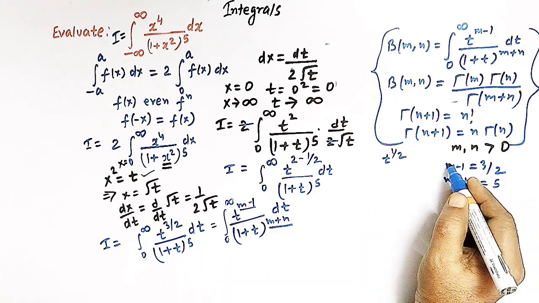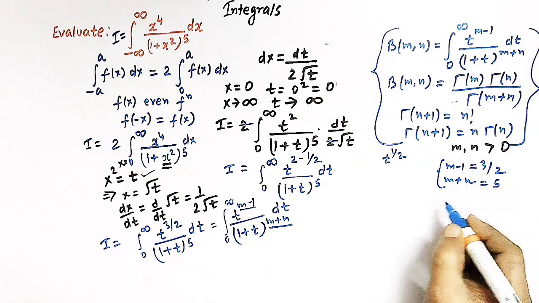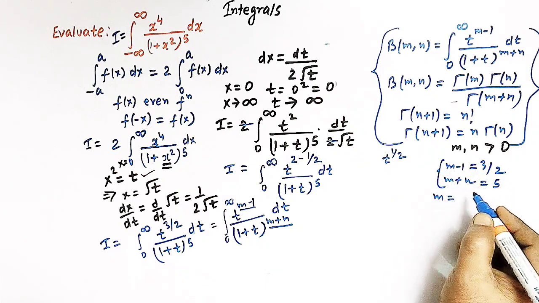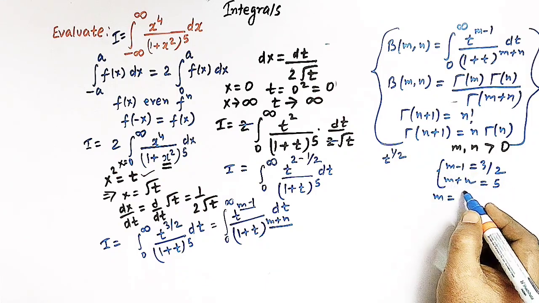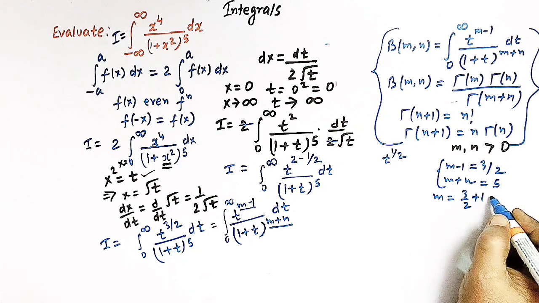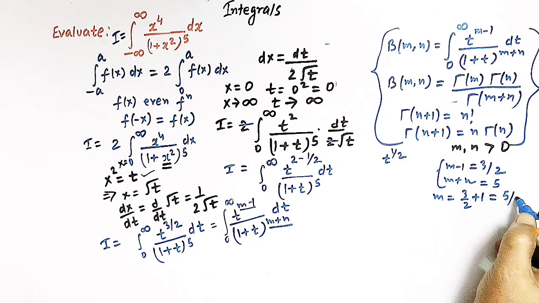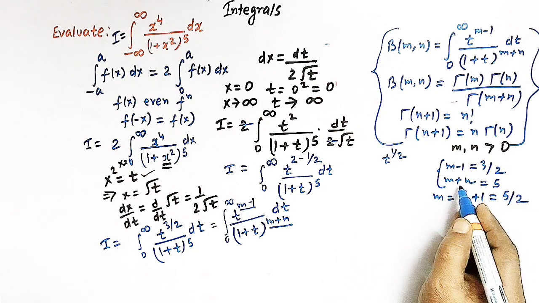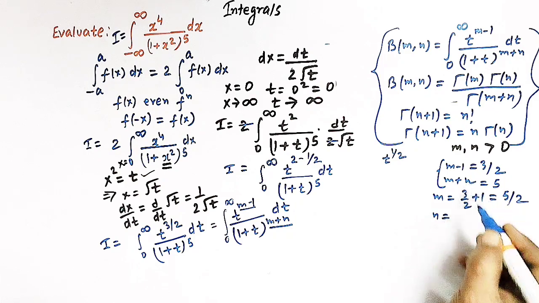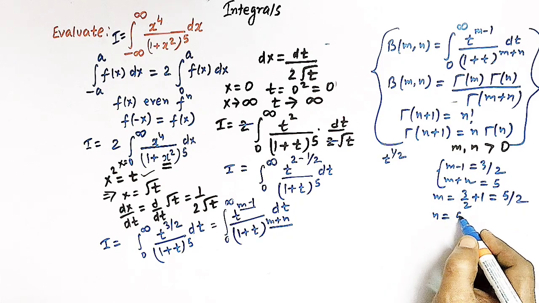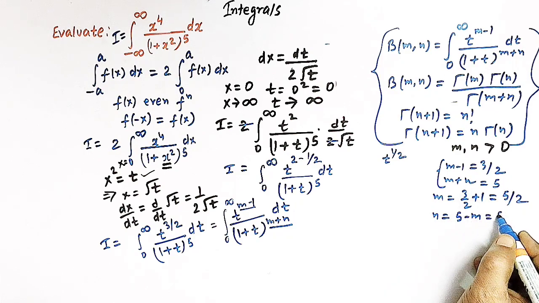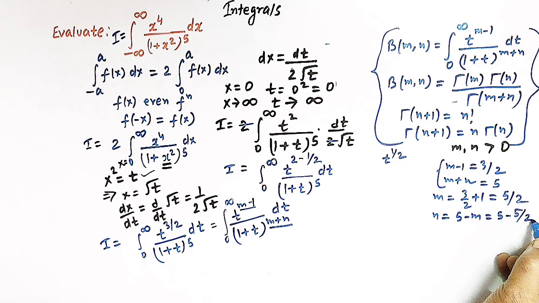So we have here two equations, and we can find out the values of m and n. m is 3 by 2 plus 1, that is 5 over 2, and from here we can find out the value of n, that is 5 minus m. So we have 5 minus 5 by 2, that is 2 times 5 is 10, 10 minus 5 is 5, that is 5 over 2.